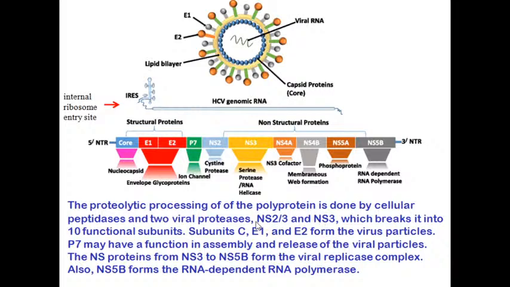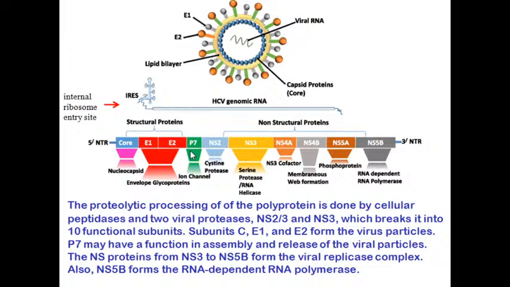That is very important. And finally, those cysteine proteases, serine proteases, and helicases are targeted with anti-hepatitis C virus treatment. Then we take a look at the P7 protein, which has a function as an ion channel.